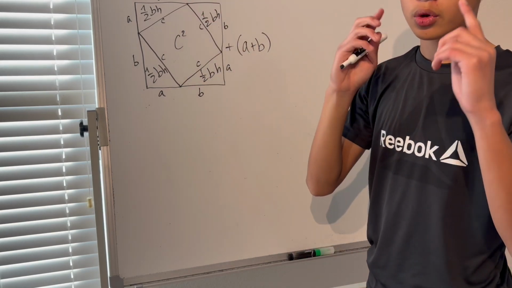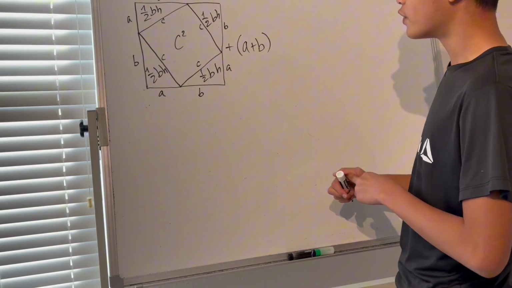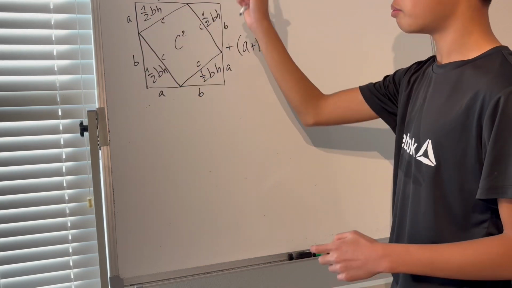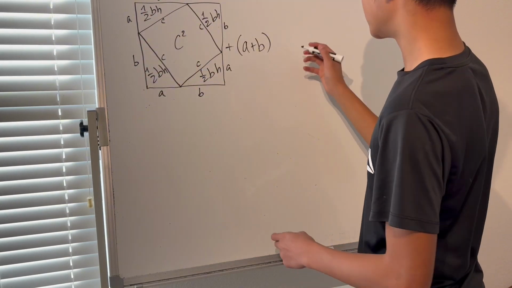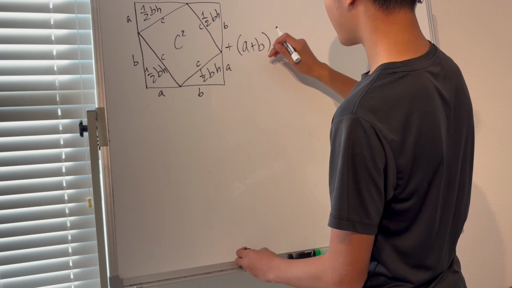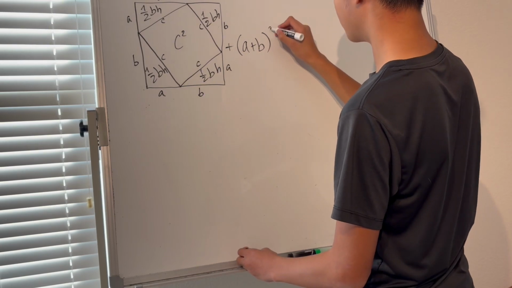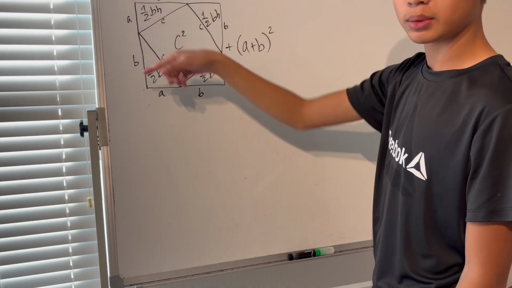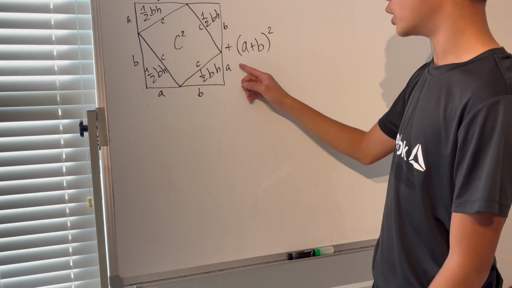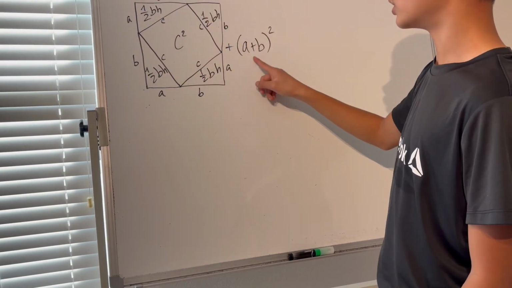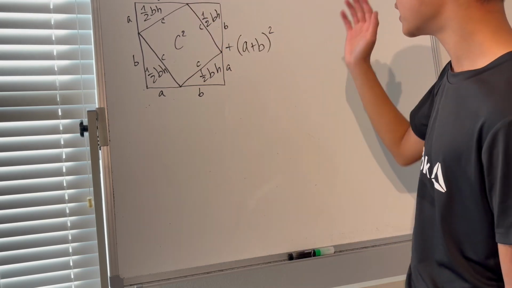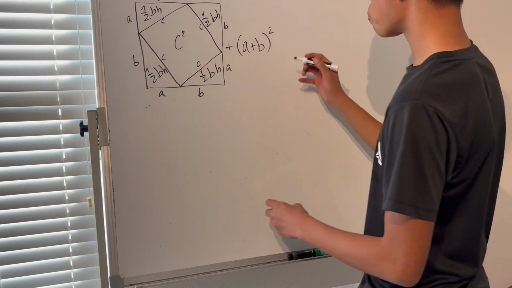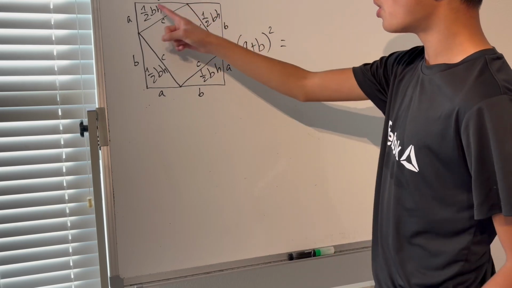I mean all these sides are A plus B, right? So now we're going to write two equations. The first one is the area of this big square, which is basically A plus B squared. Of course, because this side is A plus B as well. The area of the square is this side times this side, so it's A plus B times A plus B, which is A plus B squared, equal to what the inside is.